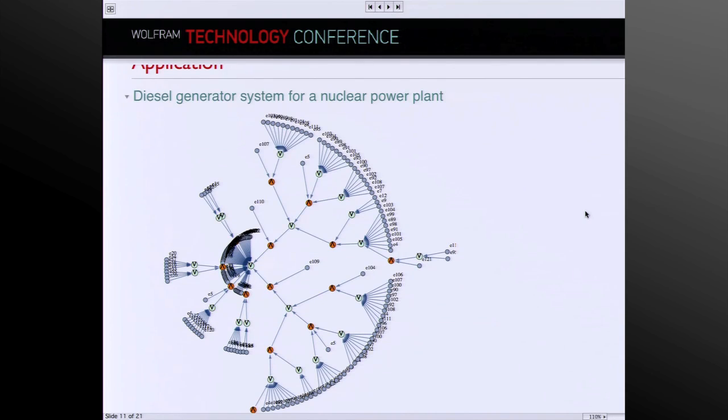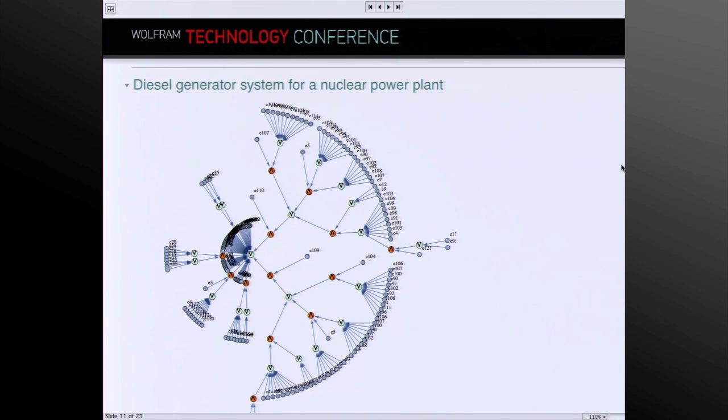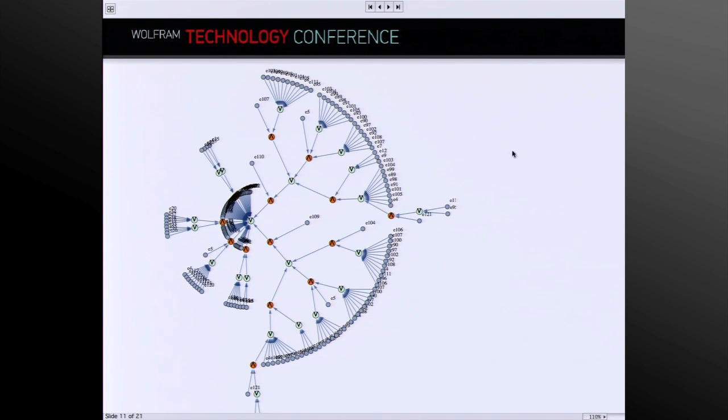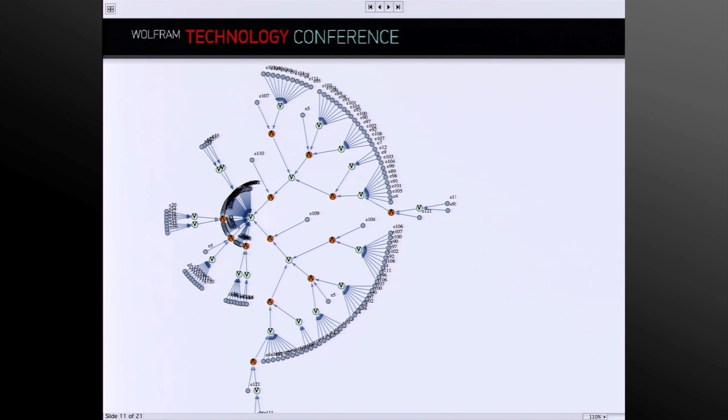So let's look at an application of failure distribution. This is a model of a diesel generator for a nuclear power plant, and so what you see out here is the different events that can happen, like a pipe somewhere going haywire, or a nozzle or something displaying a faulty behavior.